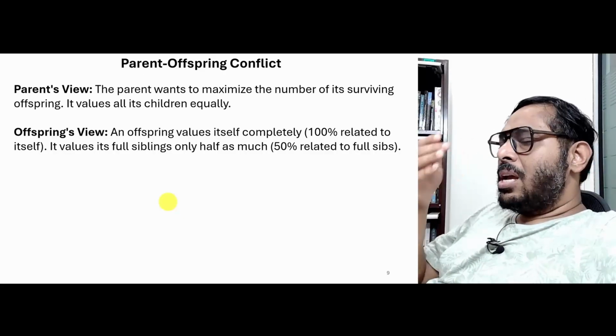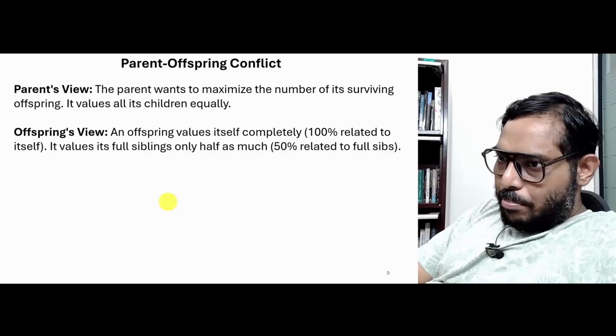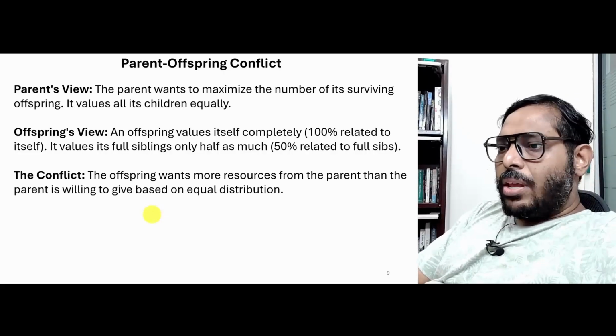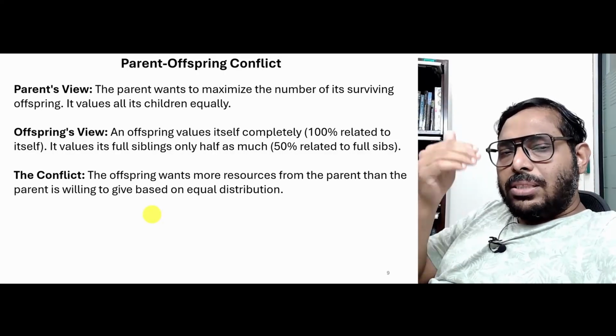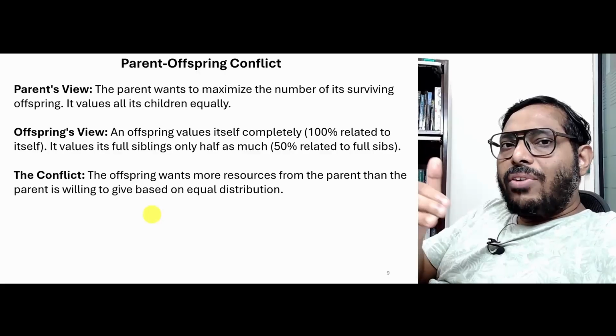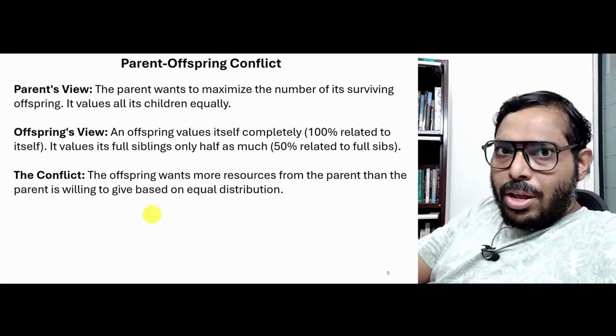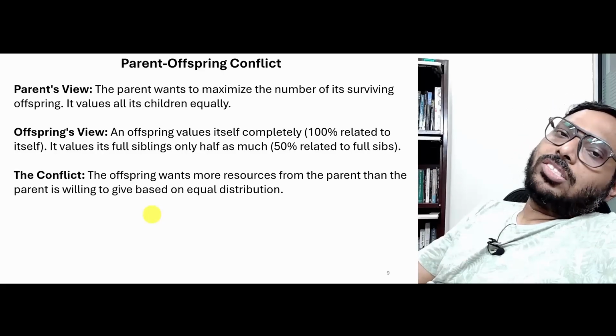In other words, its relatedness to itself is more than its relatedness to its sibs, and therefore the offspring, if it has to maximize its inclusive fitness, actually wants the parent to invest a lot more than what the parent wants to invest based on equal distribution.